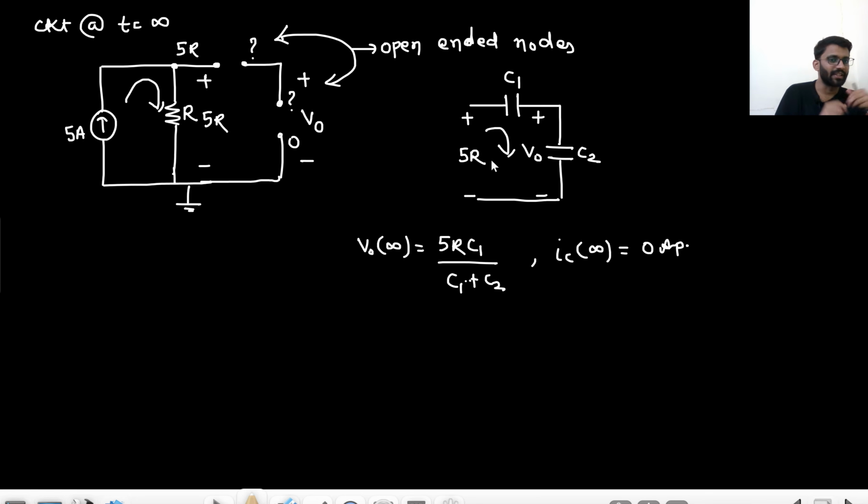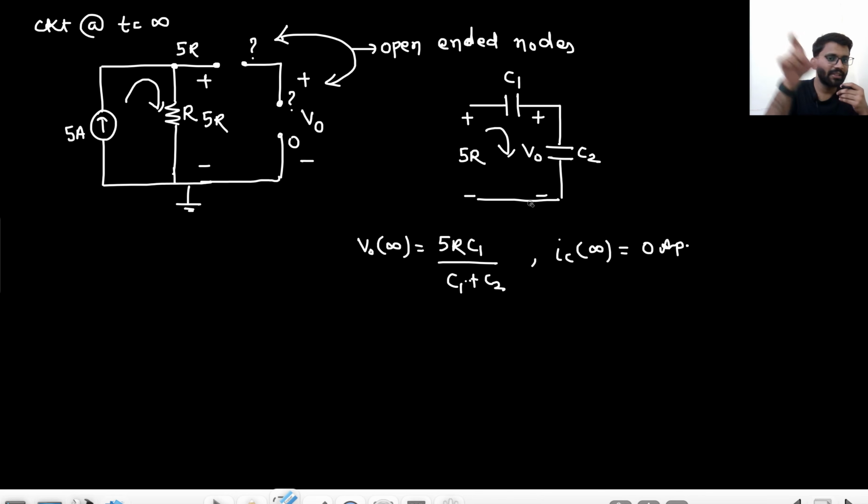They are open circuited actually, not short circuited. You can't say the current will be impulsive. The capacitances are providing very high impedance. So 5R by very high impedance means very low current, that is equal to 0 ampere. Are you getting my point?